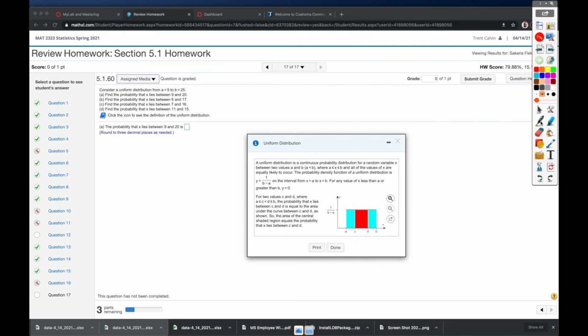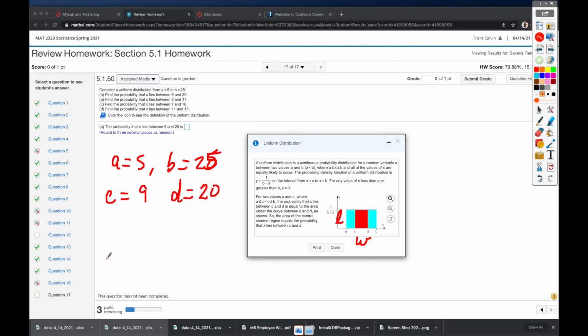All right, so think about this. This is my length times width. We need to find the area, or the probability. We see A is 5, B is 25, C is 9 and D is 20.